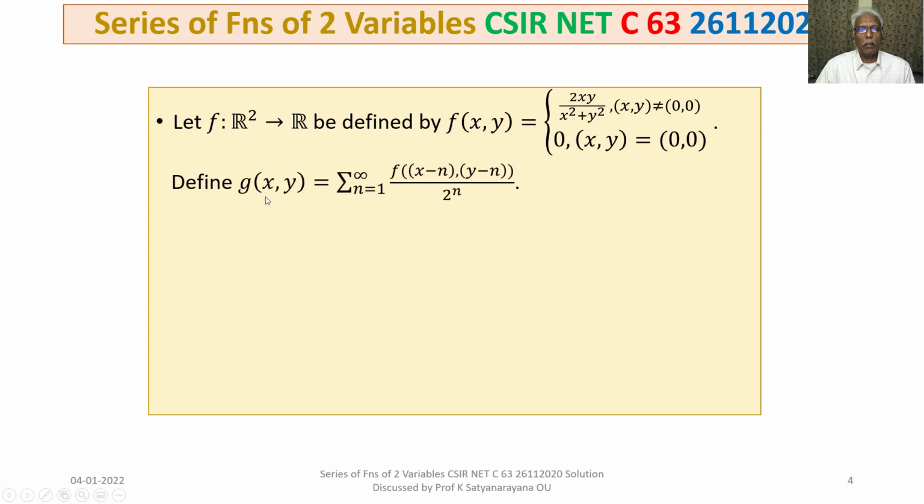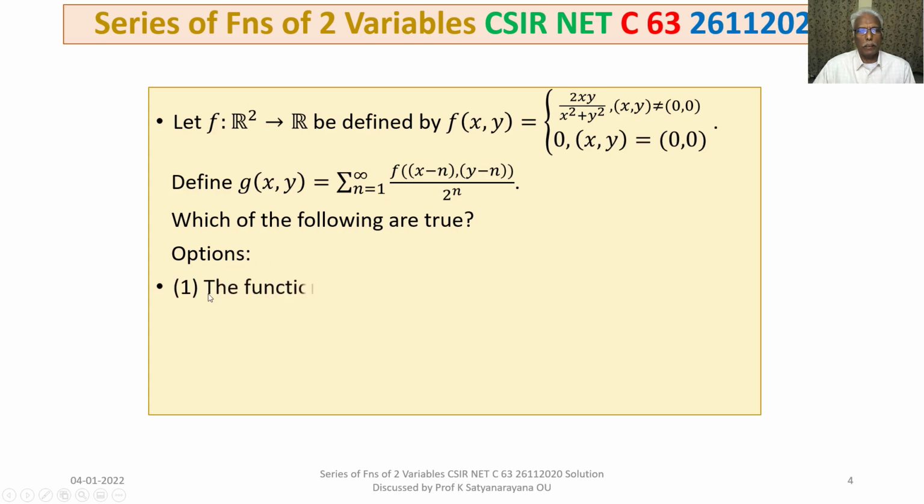Define g of (x, y) as sigma n is equal to 1 to infinity f of (x minus n, y minus n) by 2 power n. This is the series, and the series is equal to g of (x, y). Which of the following are true?